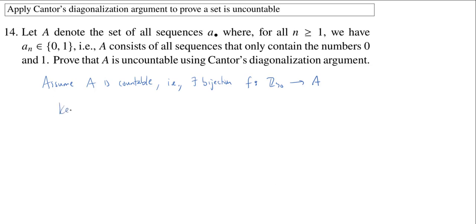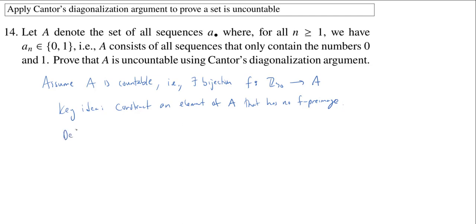So the key idea is to construct an element of the set A that has no f preimage. Of course, this will be a contradiction because f is a bijection, so it's surjective. Every element of A has a preimage.